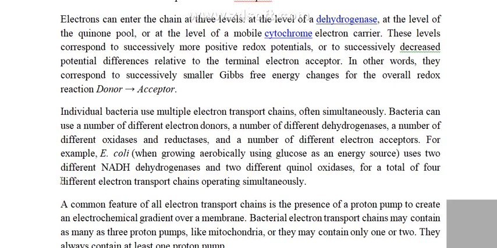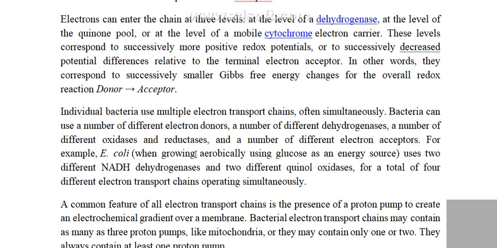Individual bacteria usually use multiple electron transport chains. When you observe a bacterial cell, it can typically use 4 to 5 electron transport chains simultaneously, and it can have a number of different oxidases and reductases and a number of different electron acceptors too.